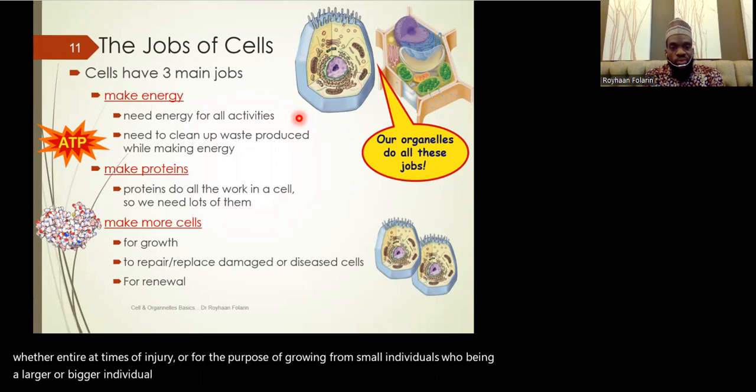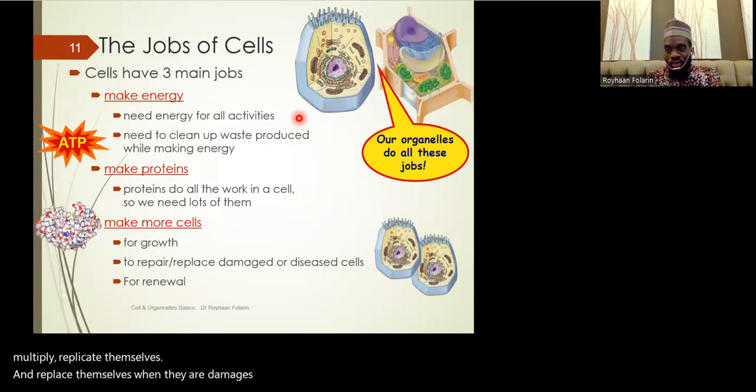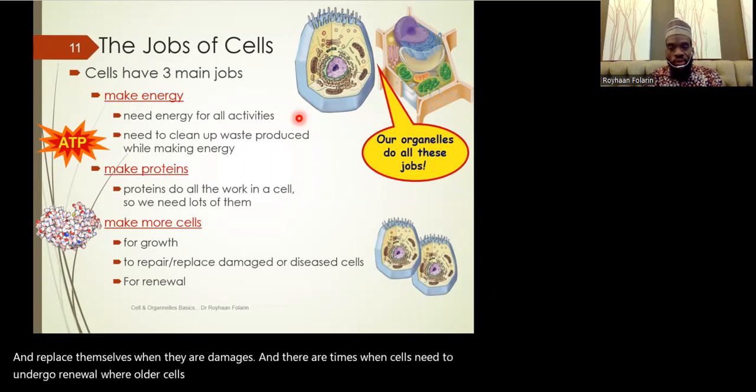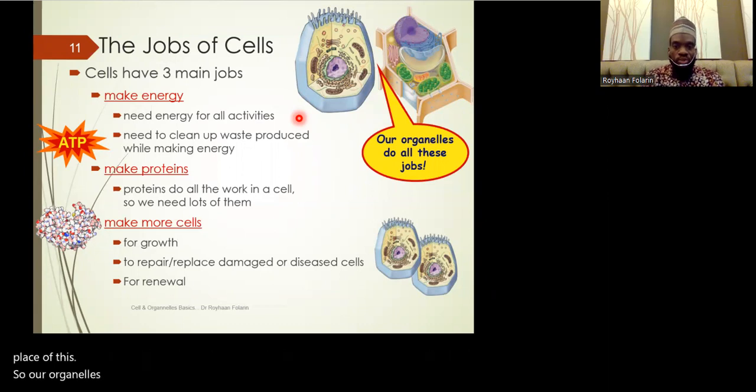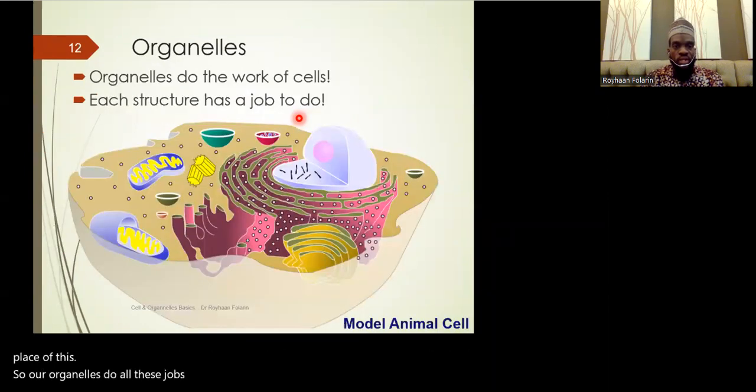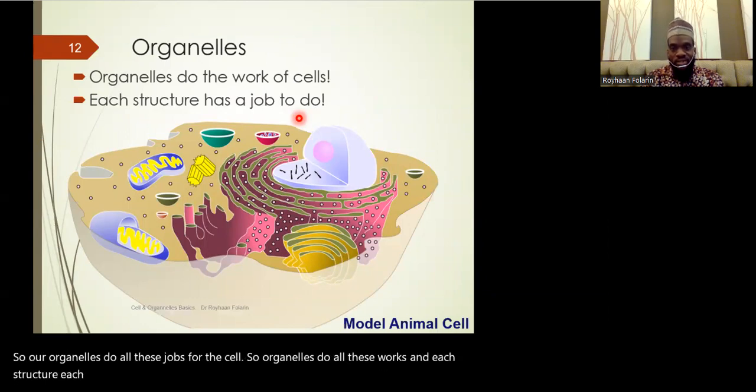The cells need to be able to reproduce themselves, multiply, replicate themselves, and replace themselves when there are damages. And there are times when cells need to undergo renewal, where older cells need to shed off or go away, while some new cells take their place. So our organelles do all these jobs for the cell. Each organelle has a duty that it's performing within the cell.